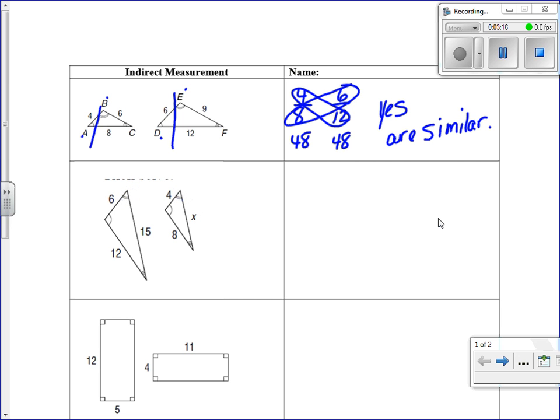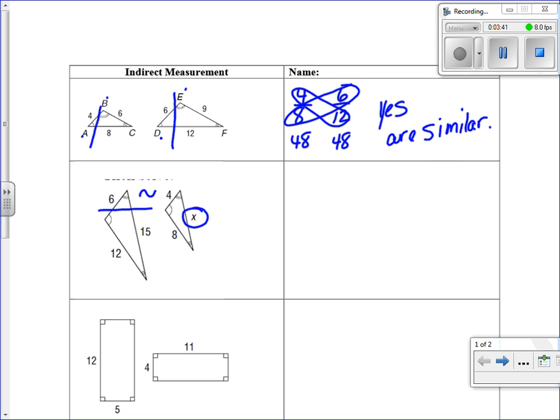It's understood that these triangles are similar. Okay, that's the cool little symbol for similar. Remember, mathematicians, we're lazy and we like to use symbols as much as we can. So it's understood that these triangles are similar, but what we need to do is solve for the missing variable.